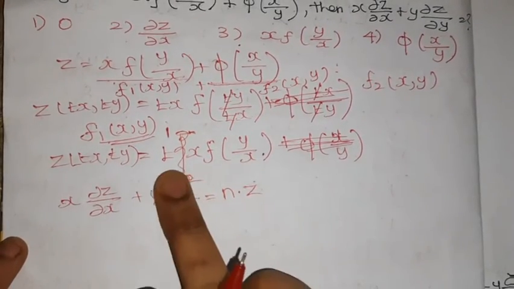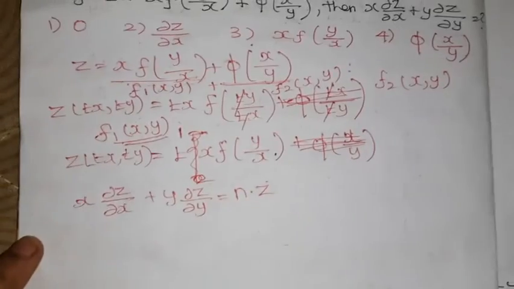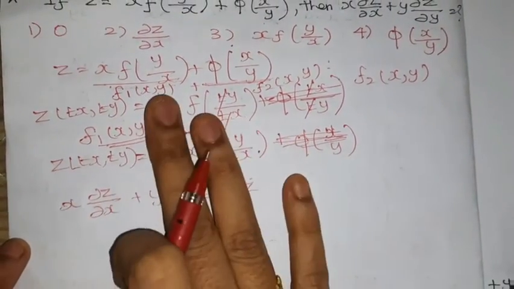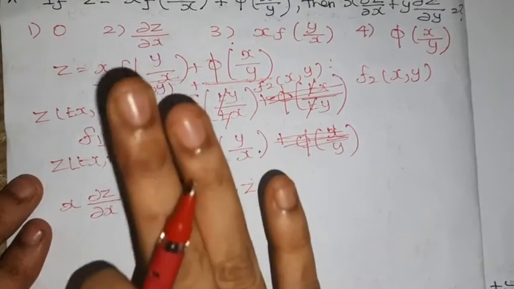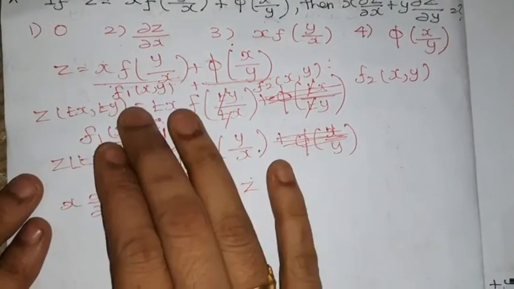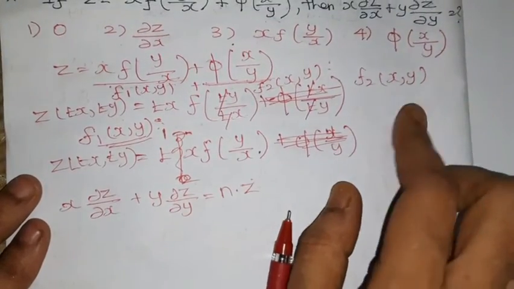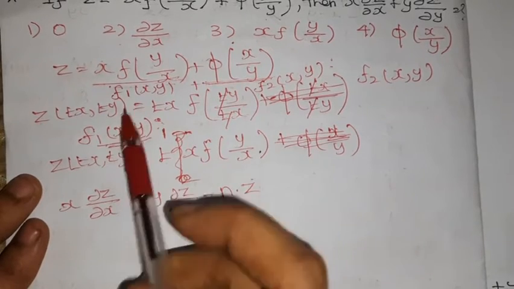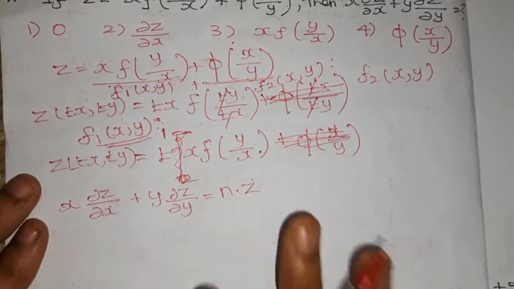I am sorry, I said it is degree 1 but that is not correct. Now we are going to check separately for function 1 of x comma y and function 2 of x comma y. We are unable to check together because t is not common for both, so we can separate these.